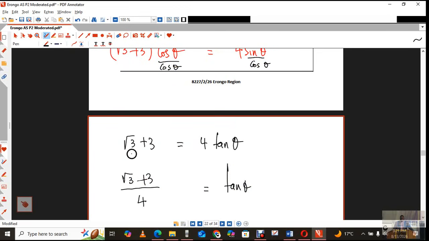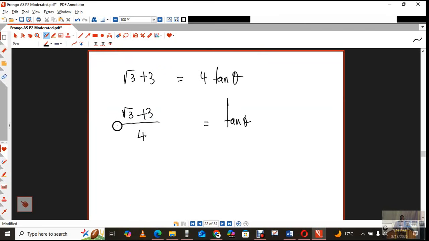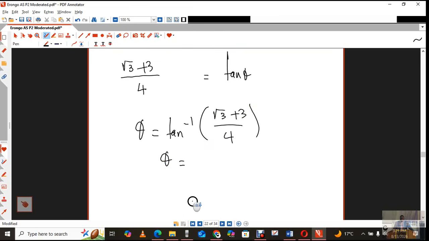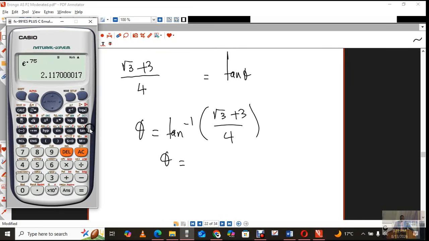Now, I can actually go ahead and calculate. This is just a number. Don't be afraid of it. All right, so theta will be the inverse tangent, arctan, of this whole story, whatever it is going to be. I'm going to punch that into my calculator, give you the full calculated display, and then round it to 1 dp.